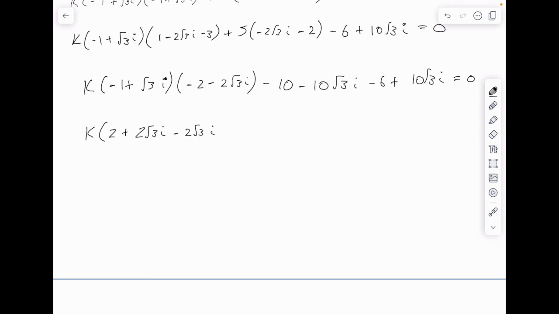Okay, and we're going to have plus 6 here, because this is going to multiply out with this to give us 6. And then finally, these are going to cancel, and what we've got is negative 16.